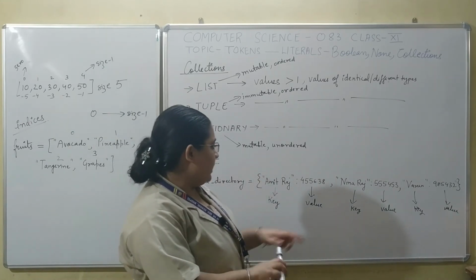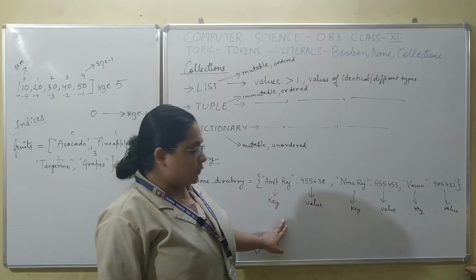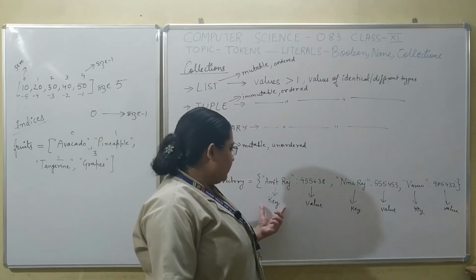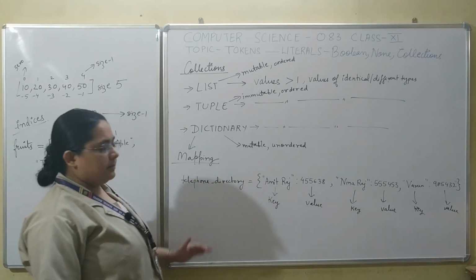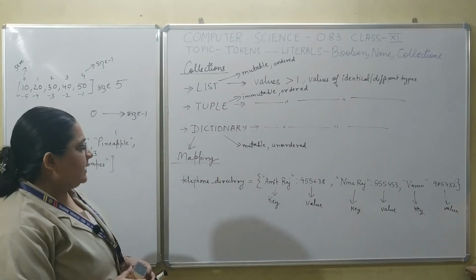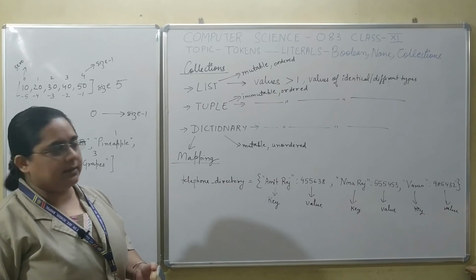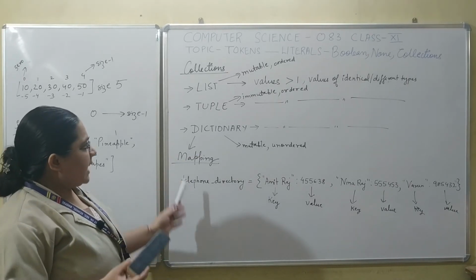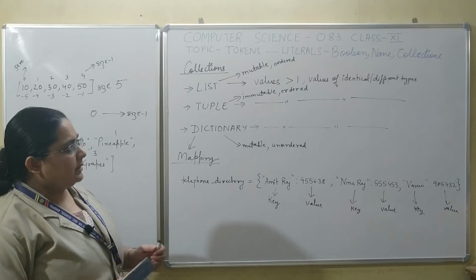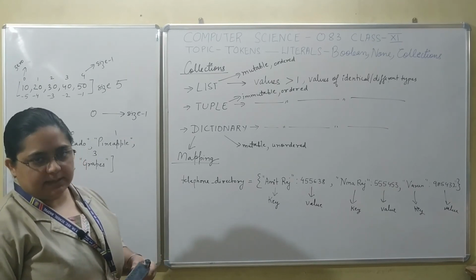Every value is associated with a key, so you can access the values using the key only. How to access them and all the necessary details, we would be seeing in detail in the chapter for dictionaries. So that was all in Boolean, none and collections data type.